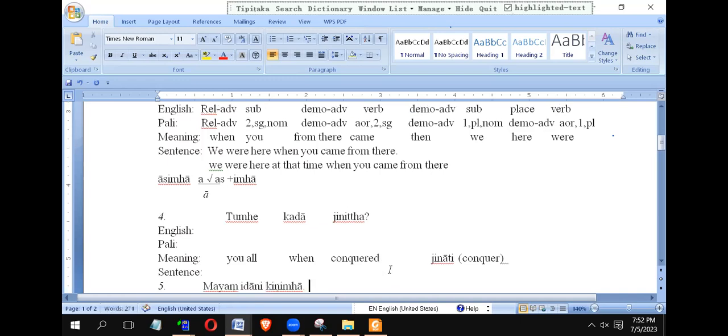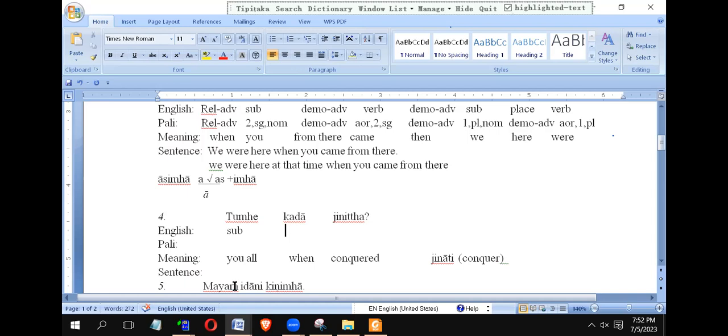Okay. Now English. English should be very simple. You all, the subject. Kada is asking about the place. So it's a question, right? Interrogative adverb.